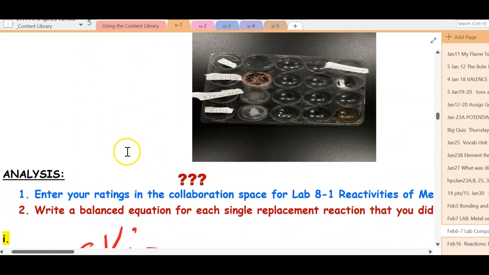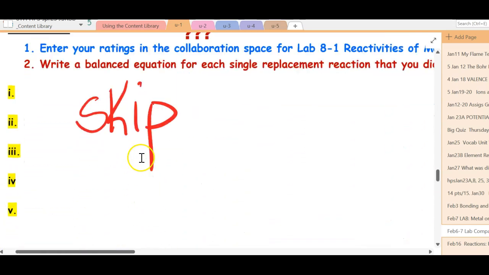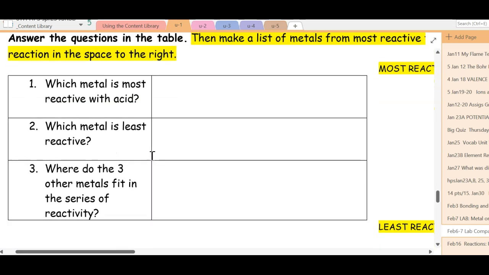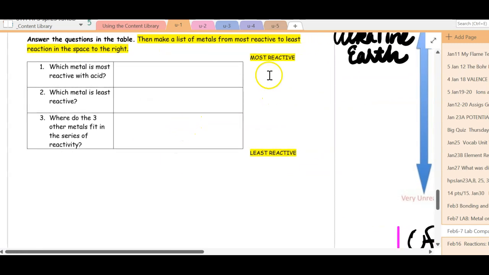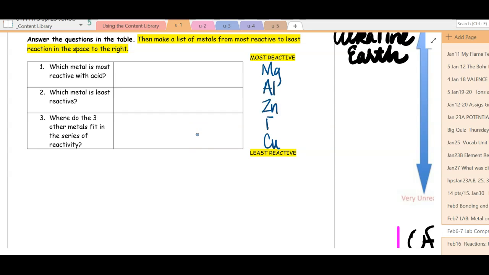All right, so you entered your ratings, and which metal is most reactive, and you figured out magnesium was most reactive, copper was least, and then you said the order was aluminum, zinc, and then iron.